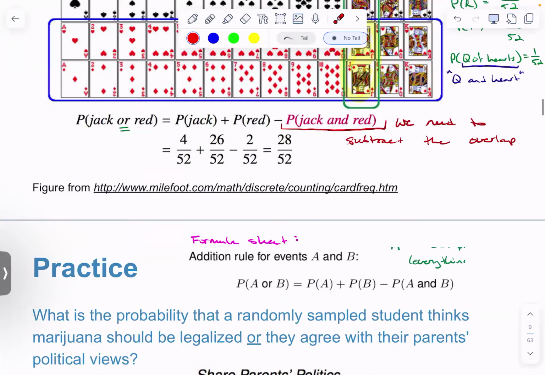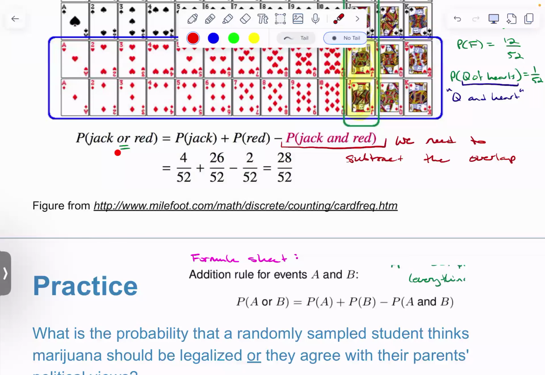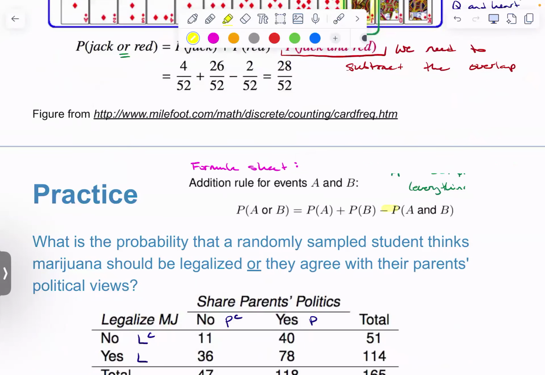And just like we saw for the probability of a jack or a red, we can break it up and say that's the probability of a jack plus the probability of a red, the probability of A plus the probability of B. And then you have to subtract the overlap, which is a jack and a red, or just generically A and B. I'll highlight this, that this is the same thing. And so we need to subtract the overlap again.